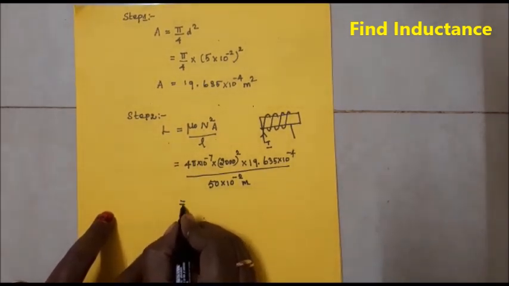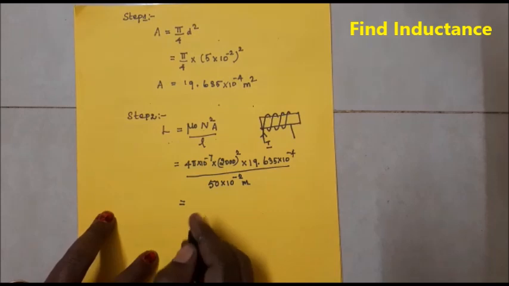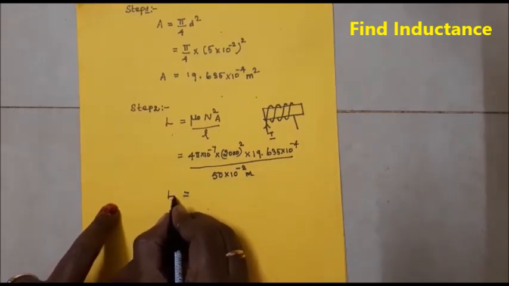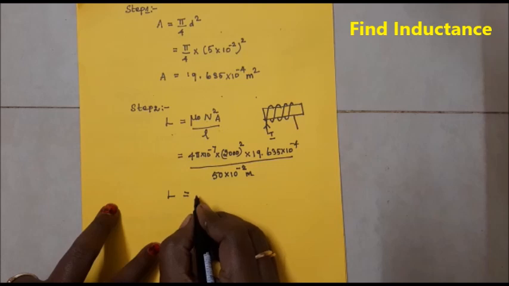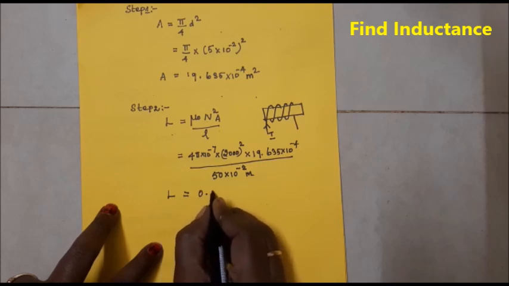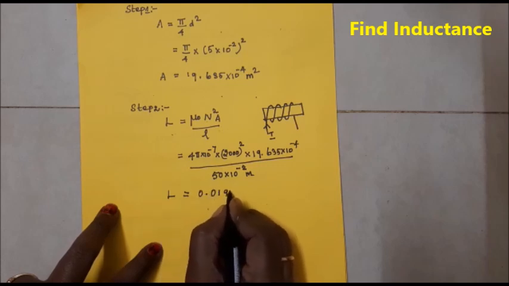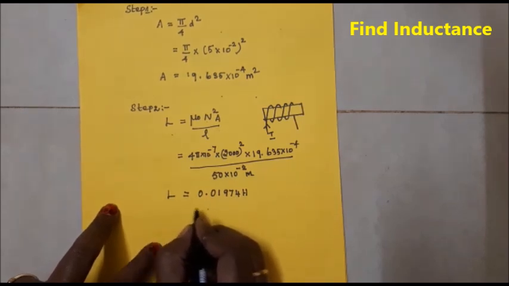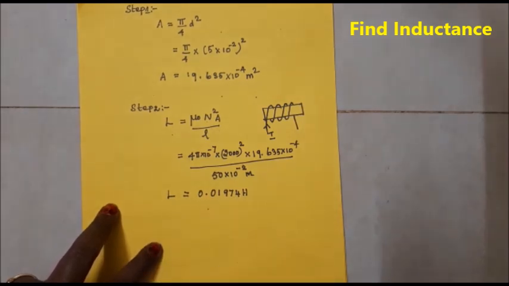After substituting all those values and using the calculator, we get the value of inductance as 0.01974 Henry. And this is the value of inductance we obtained in step 2.